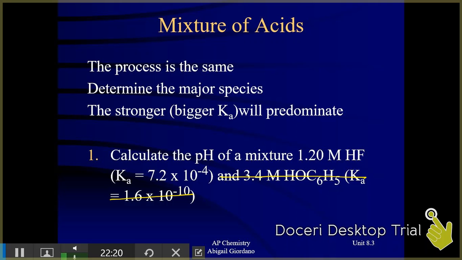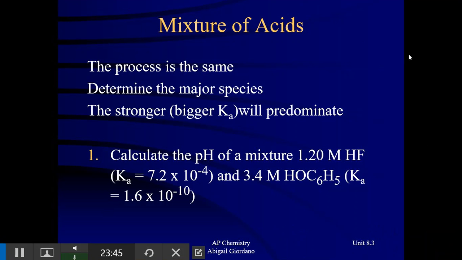And we talked about how to handle strong acids in the last lesson. If you have a mixture of two strong acids, then you do have to deal with both of them, find out how many total moles of H plus you have, and divide by the total volume to find that pH. But if you ever see a problem like the one displayed in front of you, you do not have to do two ICE tables.